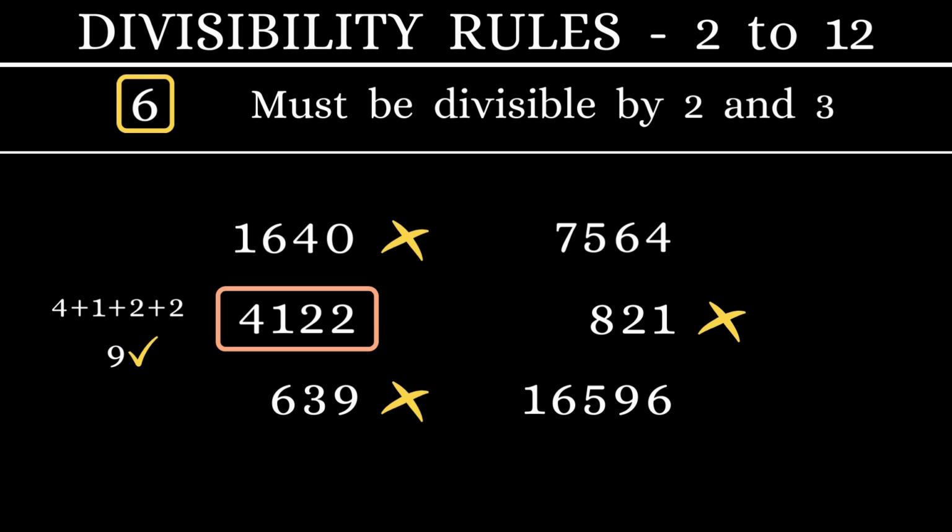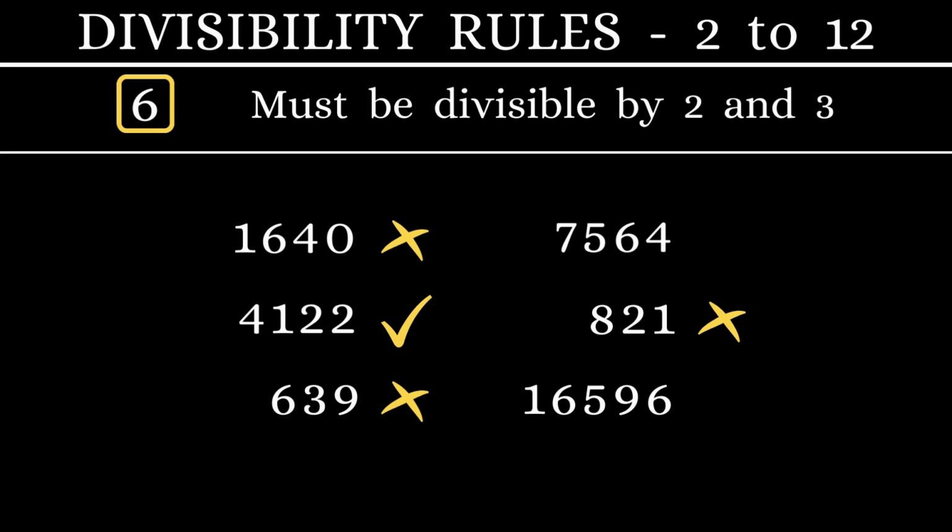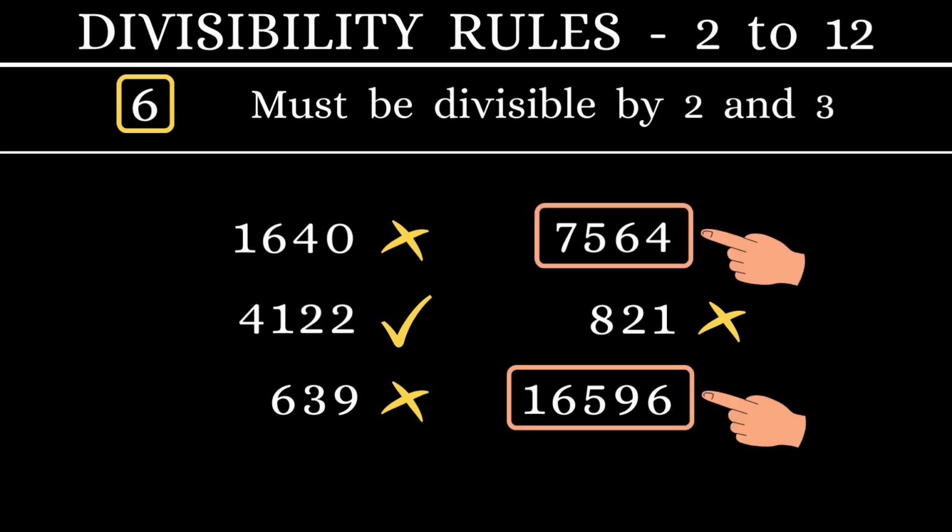So, this number 4122 is divisible by both 2 and 3. So, we can say that it is divisible by 6. Pause the video here and try to find these two numbers.